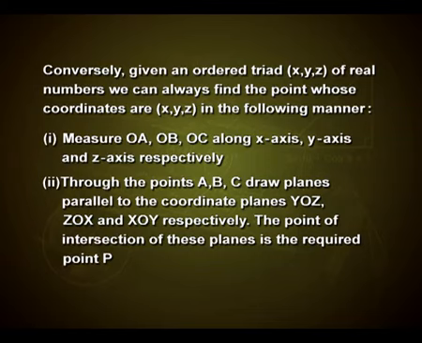Secondly, through the points A, B and C, draw planes parallel to the coordinate planes yOz, zOx and xOy respectively. The point of intersection of these planes is the required point P.